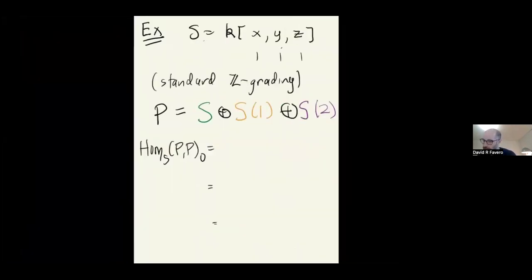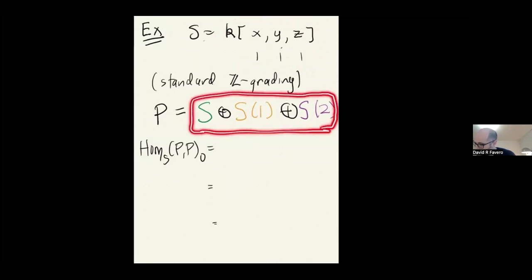Now I want to explain in an example. I'm going to take the standard grading on a polynomial ring in 3 variables, and I'm going to have P be S, S(1), and S(2). So P is just this projective module, which is a sum of 3 free summands with these twists.